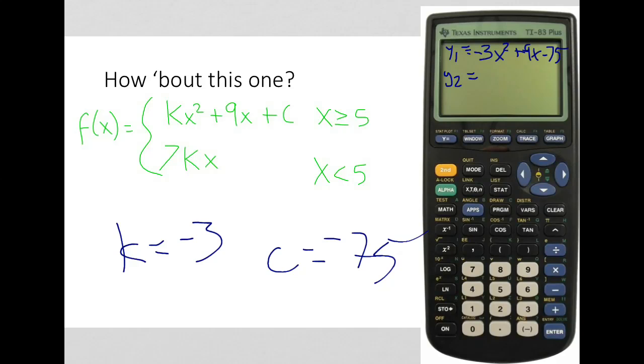You should graph y2 as your other function, 7kx. K is negative 3, so we get negative 21x. You should graph these two functions. You should find a good window. You should trace to the x value of 5 on y1, get the corresponding y value. You should trace to the x value of 5 on y2 and get the corresponding y value and make sure that they are the same.